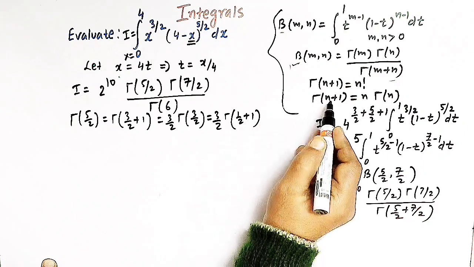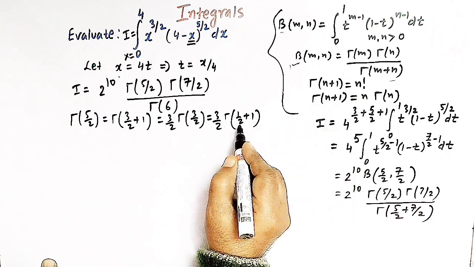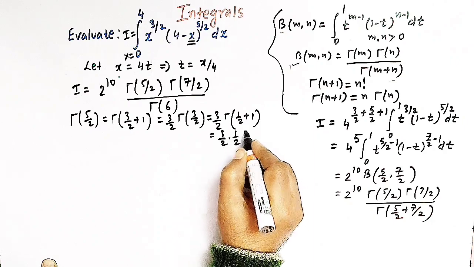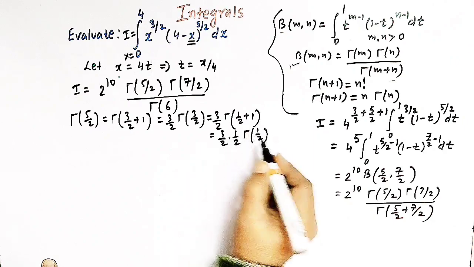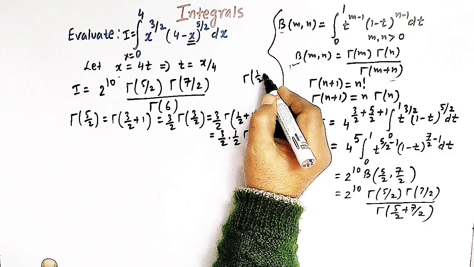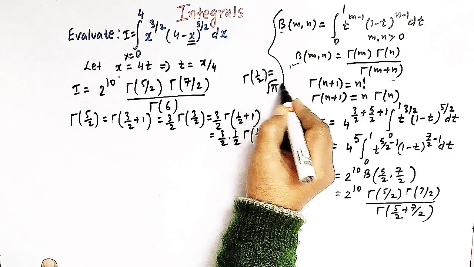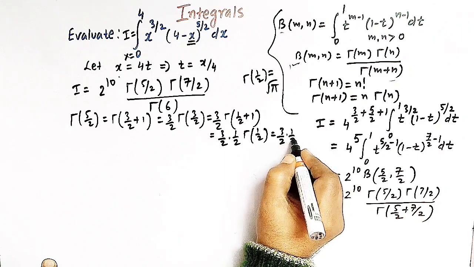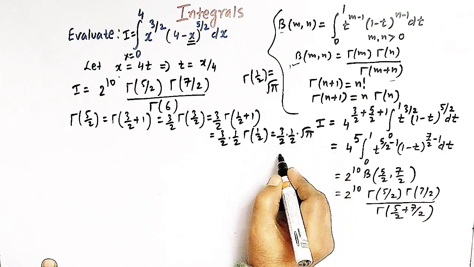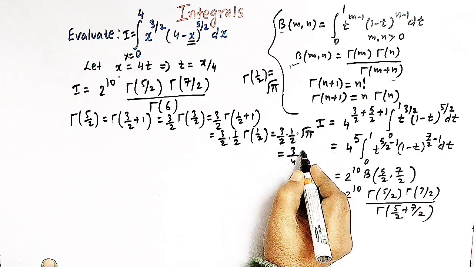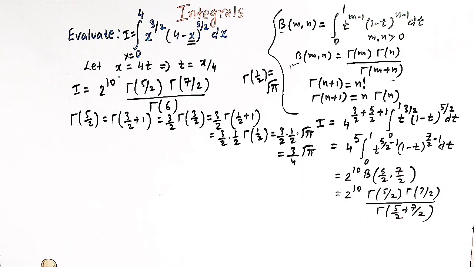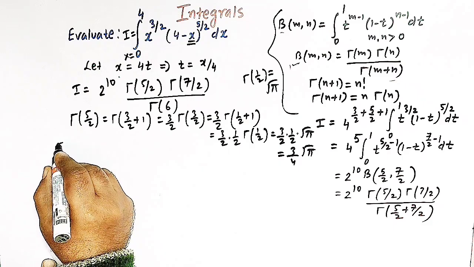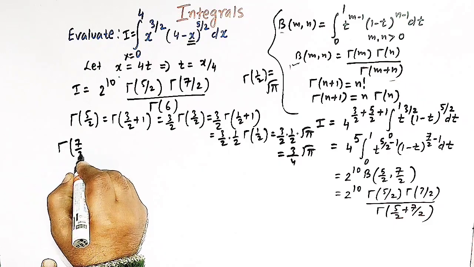So again, applying this result to gamma half plus 1, we have 3 by 2 times half, then we have gamma half, and gamma half is equal to square root of pi. So we have 3 by 2 times half times root pi, that is 3 over 4 times square root of pi.